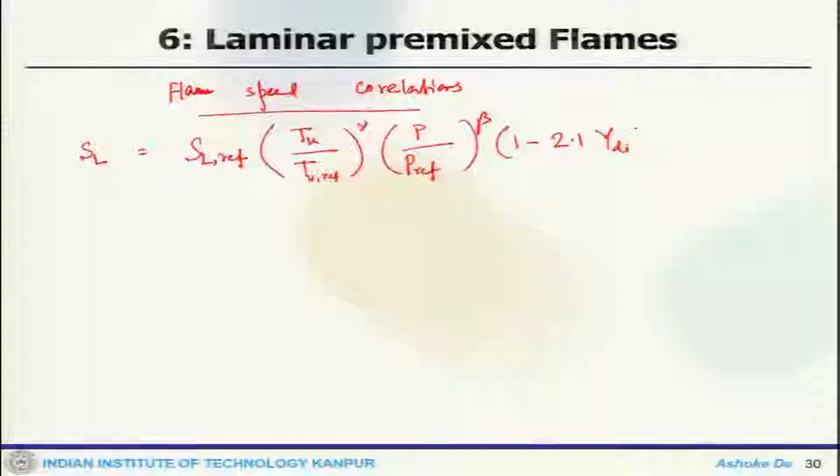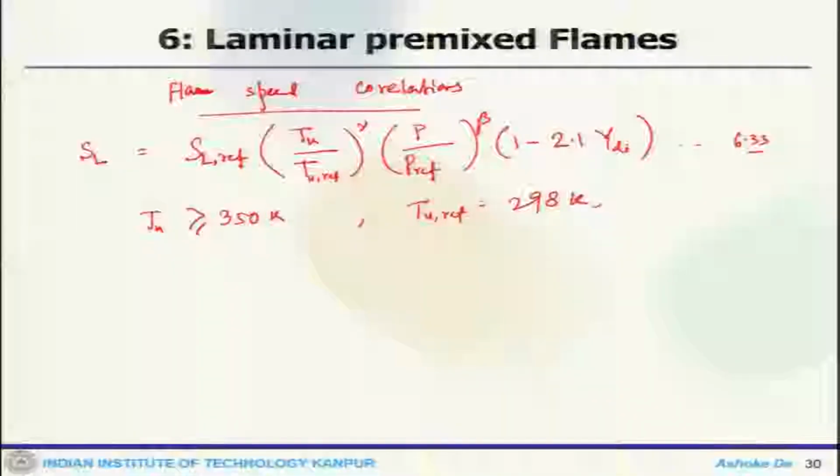This is your equation 6.33. Now this is valid for T unburnt greater than or equal to 350 Kelvin, where T_u reference is 298 Kelvin and P reference is 1 atmospheric pressure.